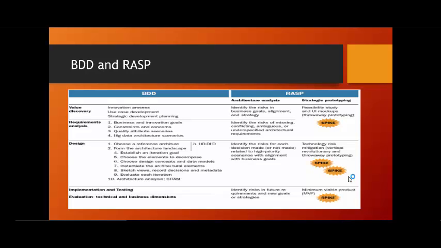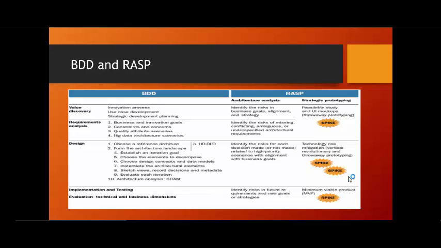The steps for architecture analysis are: identify the risk in business goals, alignment and strategy; identify the risk of missing, conflicting, ambiguous or under-specified architectural requirements; also identify the risk for each decision made; and finally, identify risk in future requirements and new goals or strategies.